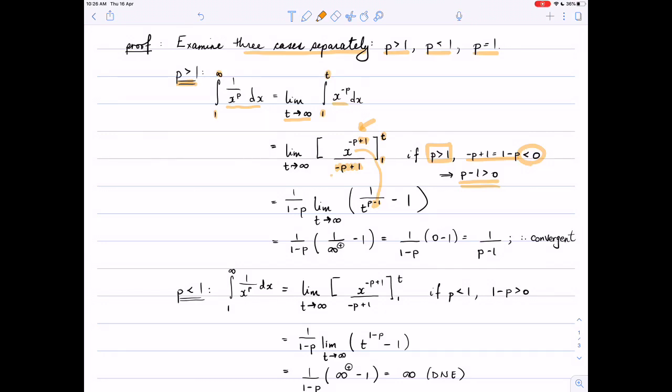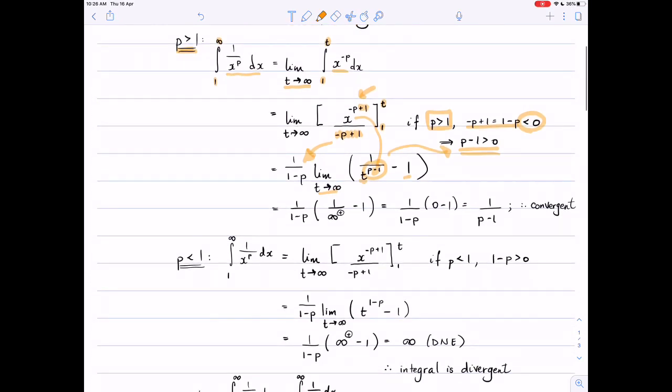I've taken the 1 over 1 minus p outside. We still have the limit. We've done the top, which has given us t to the p minus 1, now that I've moved it into the denominator to the positive power, minus 1 over 1, which is just 1. We are letting t go to infinity, so this 1 over 1 minus p is staying on the outside.